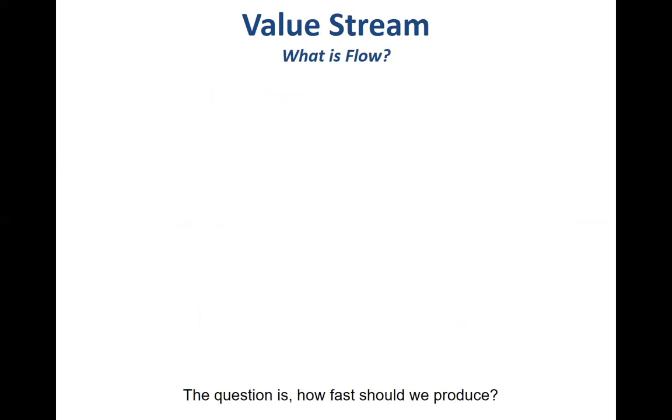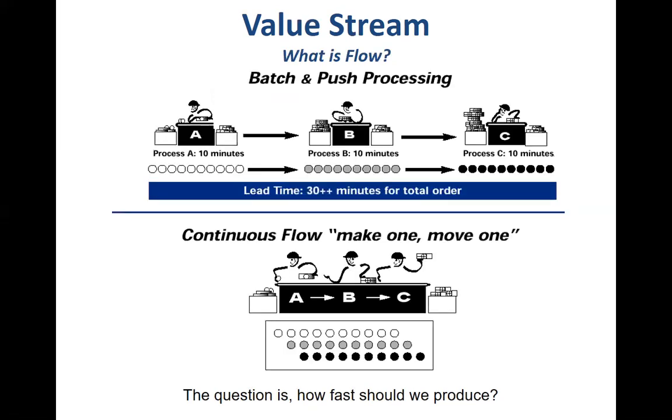So the question first is, what is flow? Like what should be the speed at which we should be producing? If it should not be mass production, then what should be that speed at which everything should be operating? So this question needs to be viewed from the point of view of the problem that push processing or batch-based production creates. So as we can see on the top here, this is our batch and push processing.